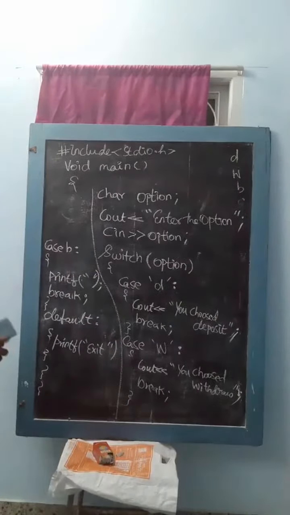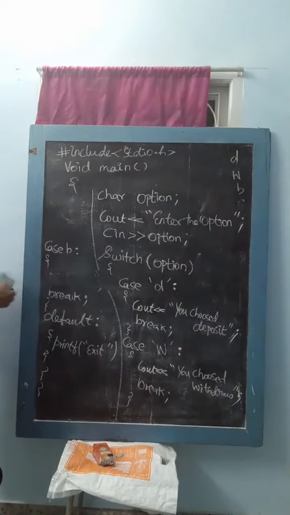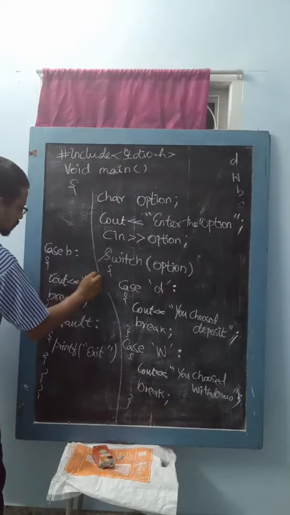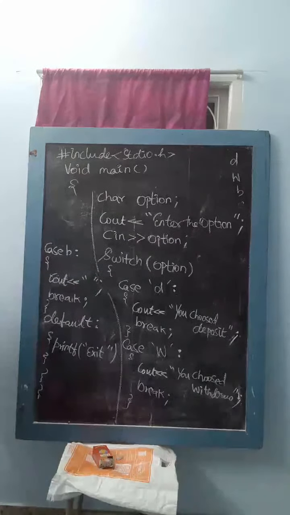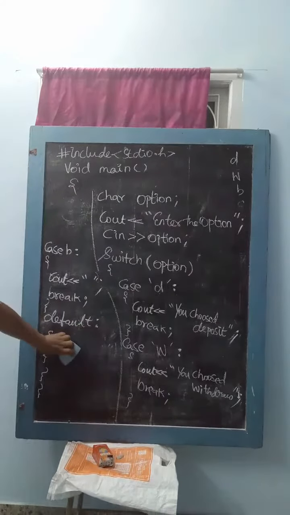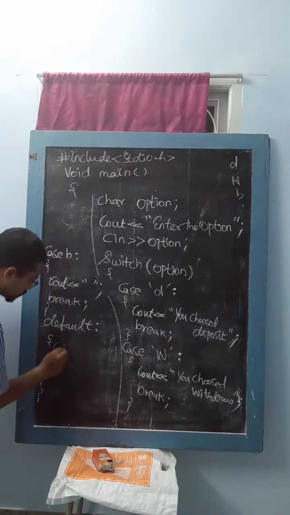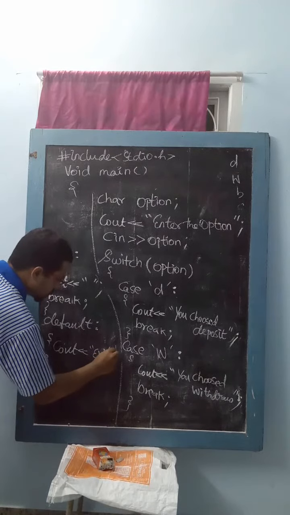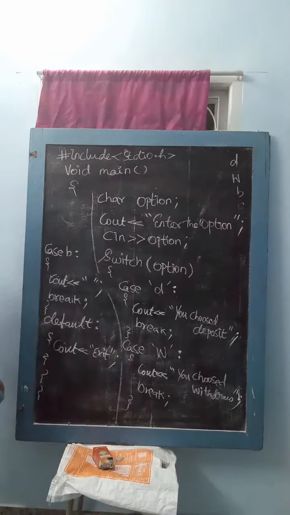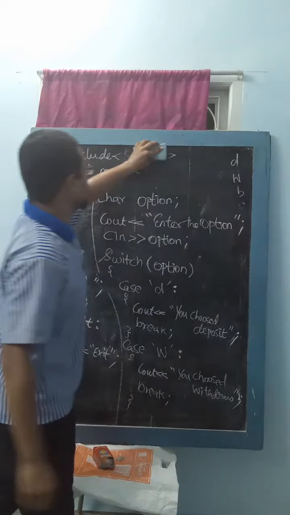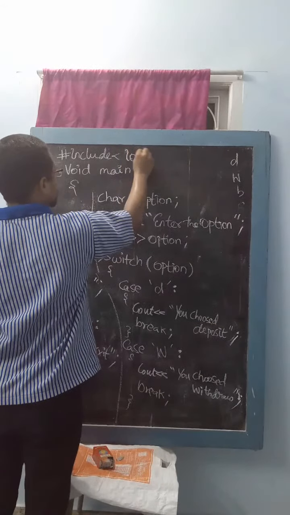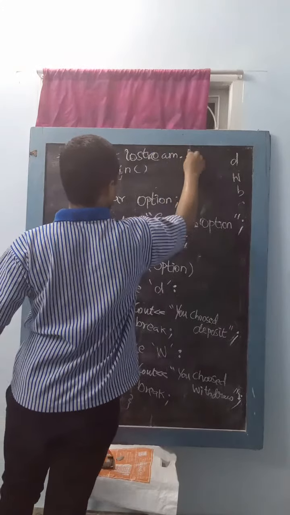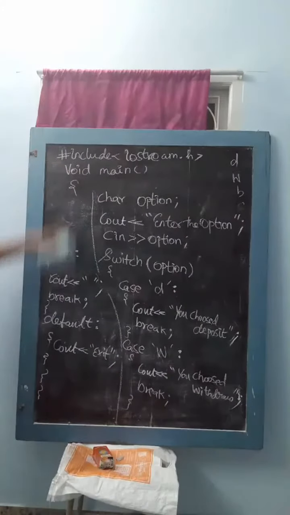Likewise, you just change it. Here you have to use cout. You just fill it up here, and then finally here cout exit. Okay. So here you have to change iostream.h. Okay. Is it clear?